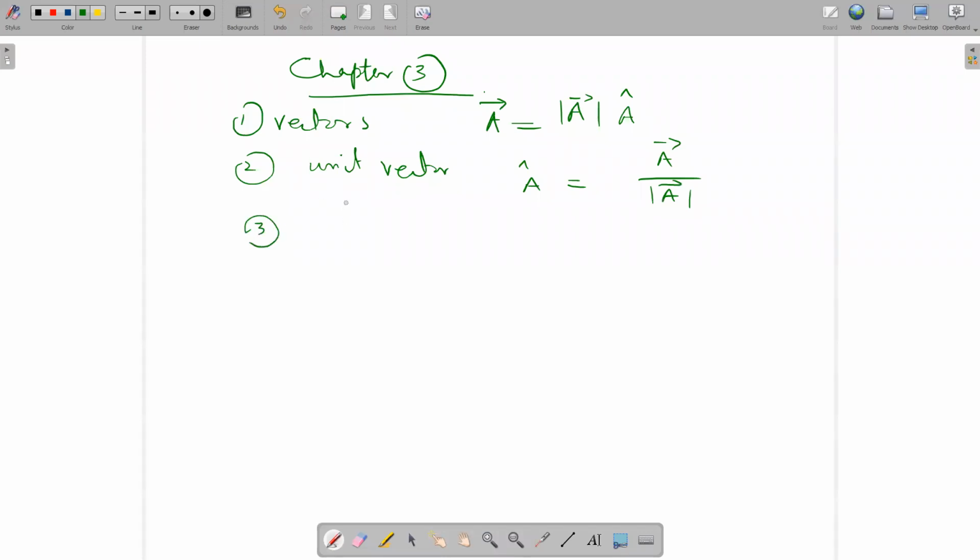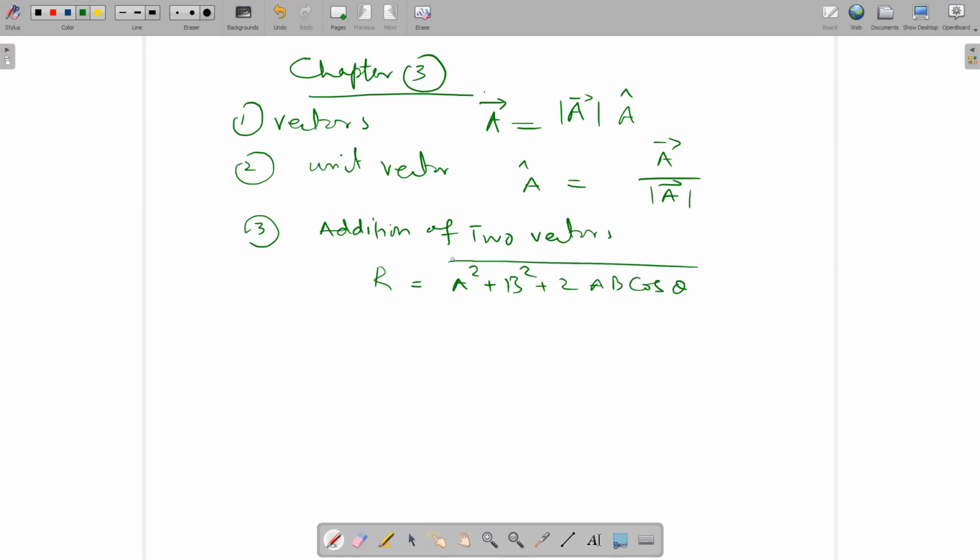Then we have seen, before the unit vector, you remember the addition of vectors, addition of two vectors. If we have two vectors and we want to add them by the analytical method, then we have the formula: under root of a square plus b square plus 2ab cos of theta.